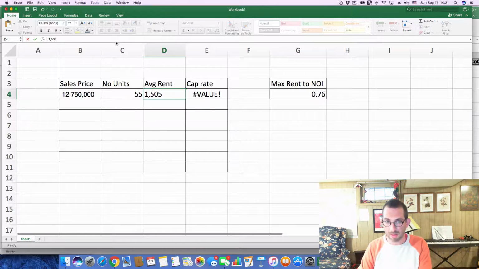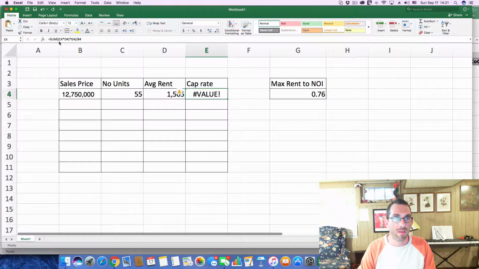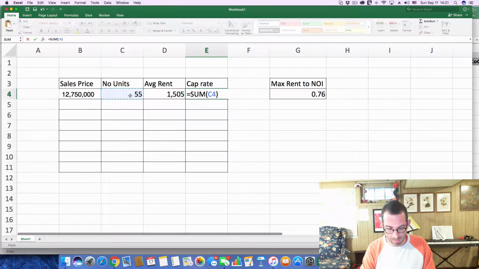Let's see, why is that not working? C4 times D4, times G4, divided by... okay, let's see if we can fix this. Still not working. Okay, we want to do this times this, and then times this.